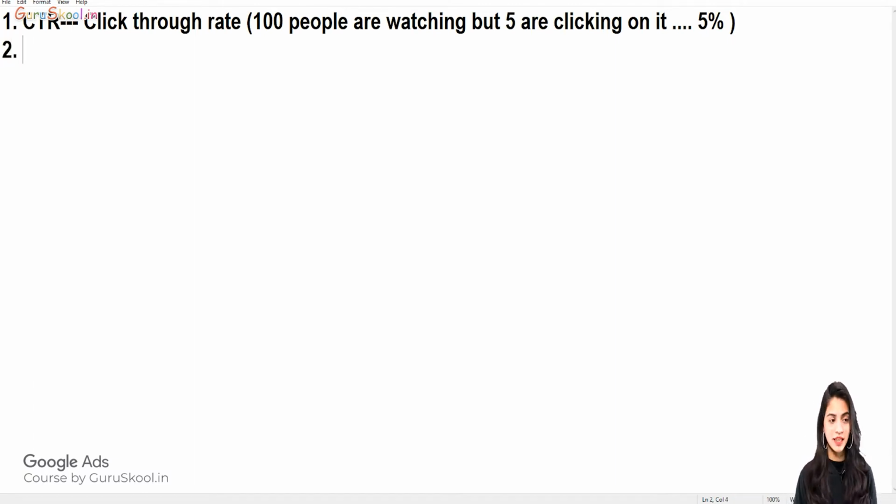Let's get deeper into CTR. Suppose your competitor does it at 7%. He's also running the ad and 100 people are watching, but 7 people are clicking on it, so the rate is 7%. It's really important for you as well. Why? First of all, it shows the competition.